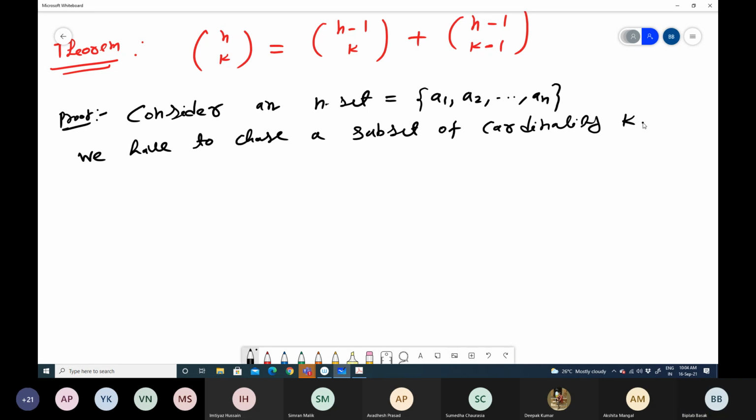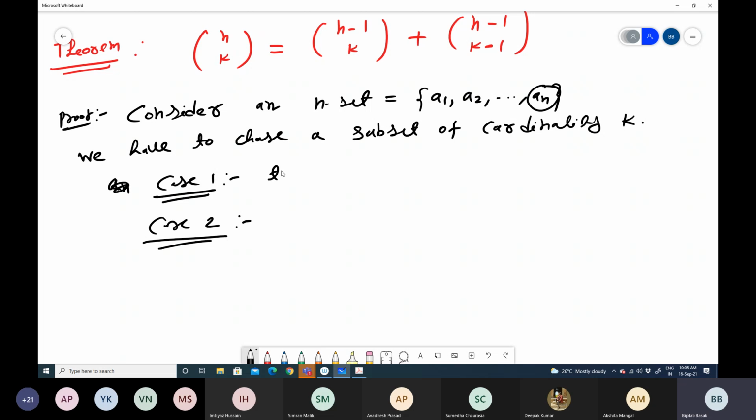Okay. Now it has actually two cases. Now if you consider an, and case 2, if you split into these two cases, then we are done.